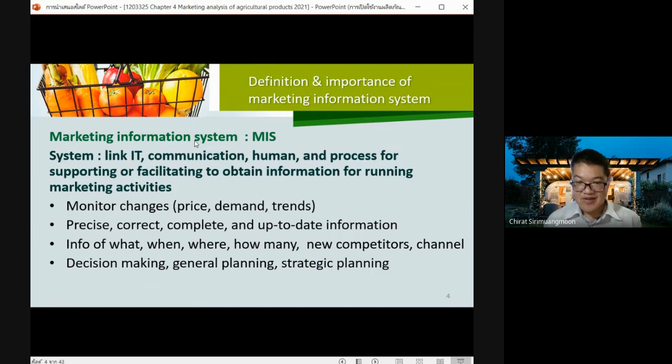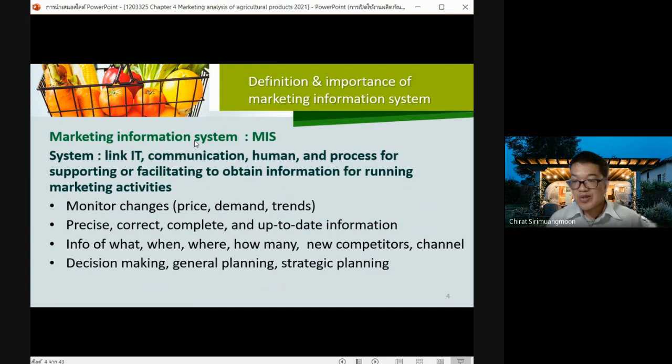MIS will provide you precise, correct, useful data, and also complete and up-to-date information. You need very fresh, very new information in order to follow the trend and the consumer needs. MIS also provides information on what the consumer needs, when, where the consumer can obtain the products, and how much they need.